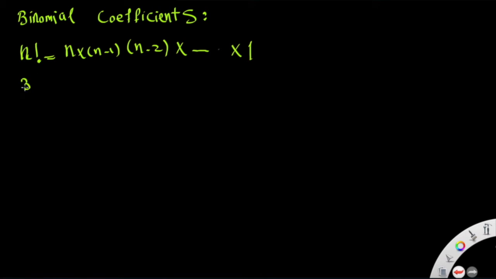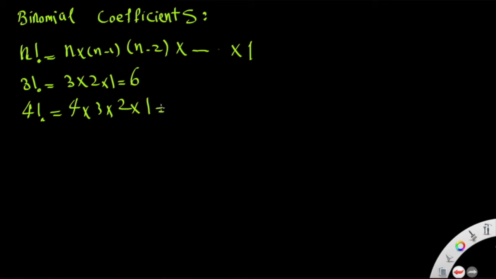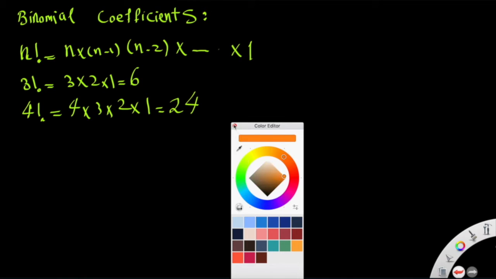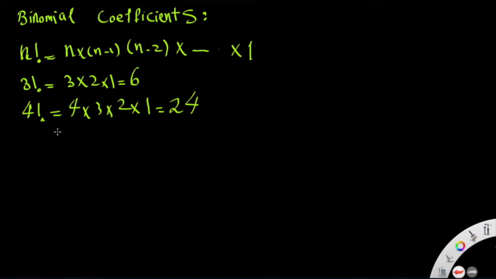For example, if you have 3 factorial, it would be 3 times 2 times 1, giving you an answer of 6. 4 factorial would be 4 times 3 times 2 times 1, which is 24. Now, the next point you need to know is combination.